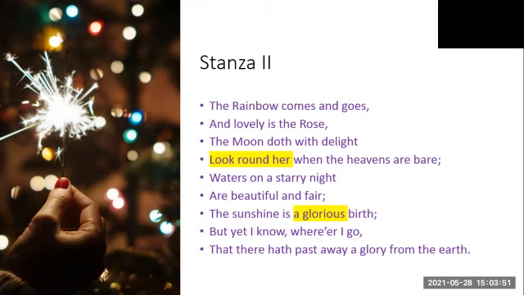"Waters on a starry night are beautiful and fair. The sunshine is a glorious birth." Again, the repetition of the word glory, yet here it's used as an adjective, glorious. So this is actually a beautiful scene.